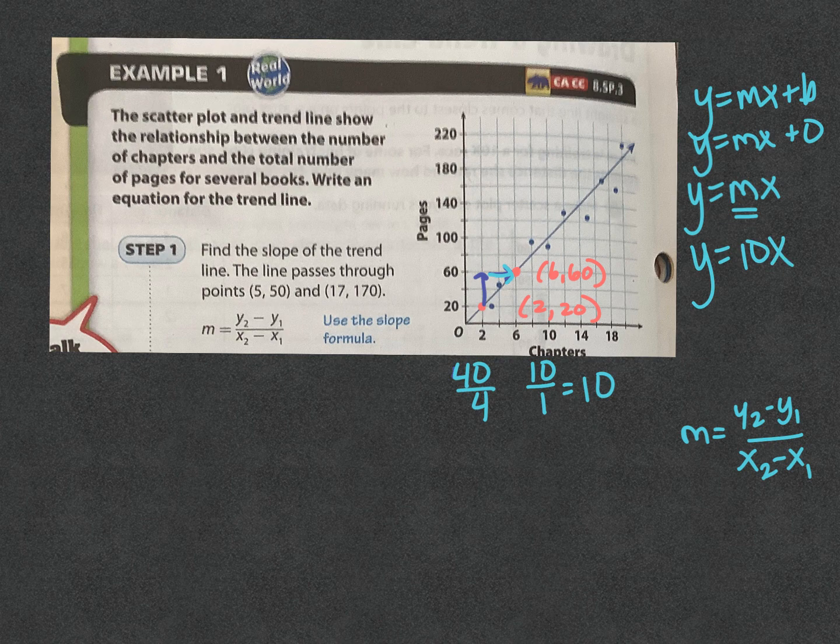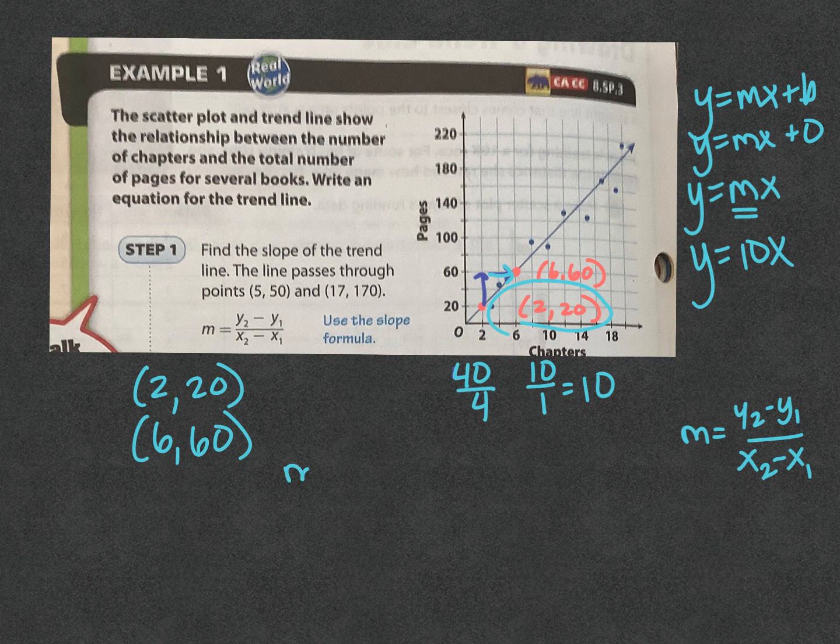Now, if you don't want to use rise over run, or if you're more comfortable using the slope formula, then let's go ahead and do that. Remember, my first point chosen was 2, 20, and my second point chosen was 6, 60. So this would be my y2, this would be my y1, this would be my x2, this would be my x1.